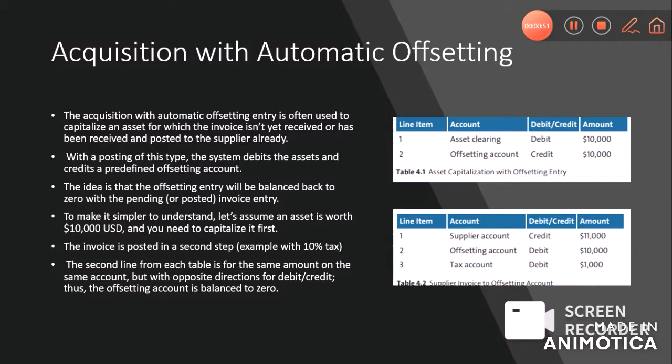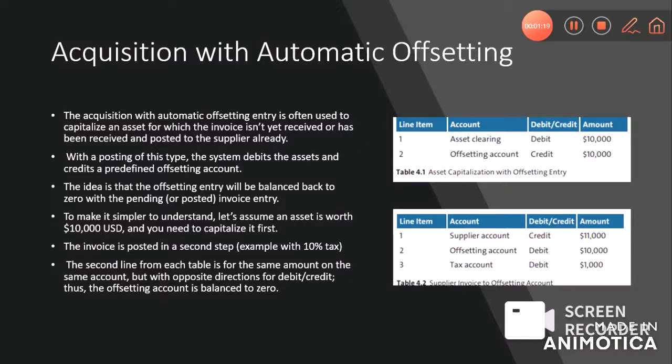With a posting of this type, the system debits the asset and credits a predefined offsetting account. So it was predefined in the configuration, so it will credit that offsetting account. The idea is that the offsetting entry will be balanced back to zero with the pending invoice entry.